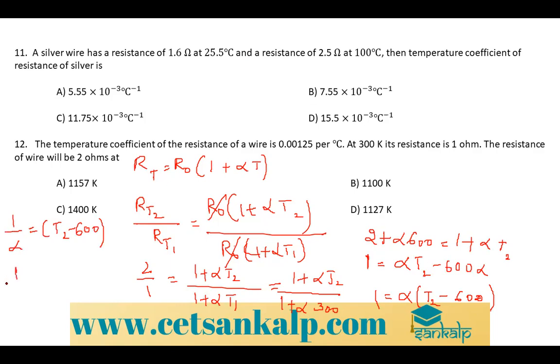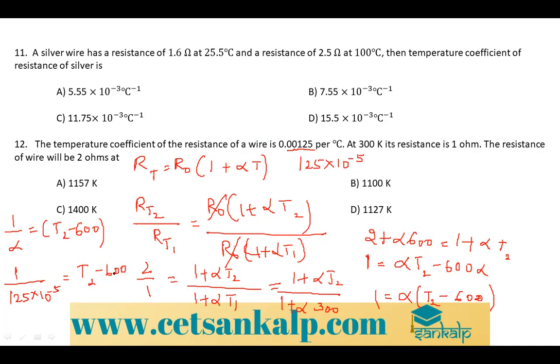So 1 divided by 0 point, look here and observe: 0.00125, decimal 1, 2, 3, 4, 5. So when I shift it, what happened? 125 into 10 to the power minus 5. Then I'll substitute: 125 into 10 to the power minus 5 is equal to T2 minus 600.